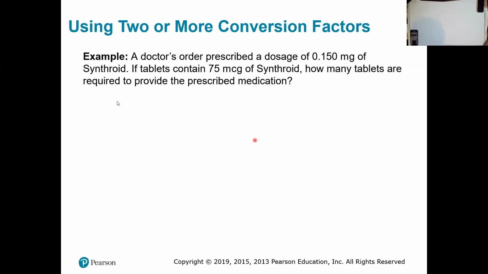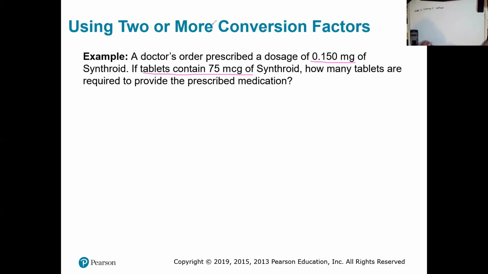Okay, so here they're telling us that a doctor's order prescribed a dosage of 0.150 milligrams of Synthroid. So the doctor's ordering 0.150 milligrams of the Synthroid. And they're telling us that every tablet contains 75 micrograms of Synthroid.